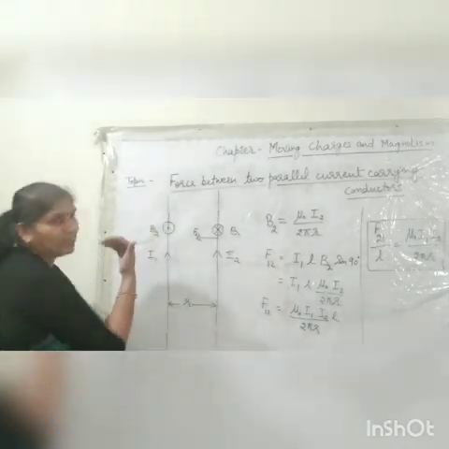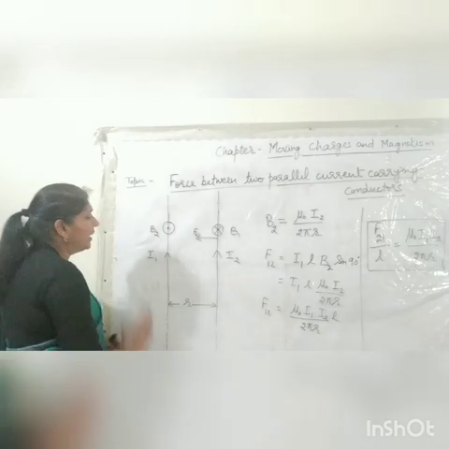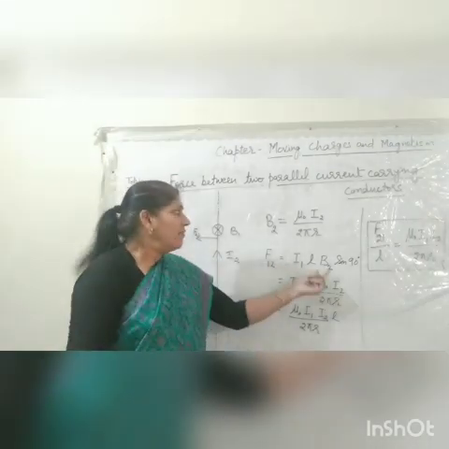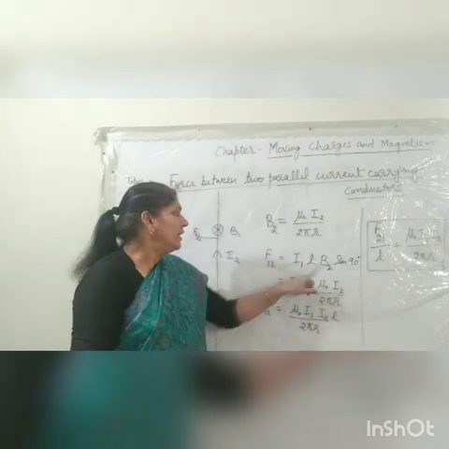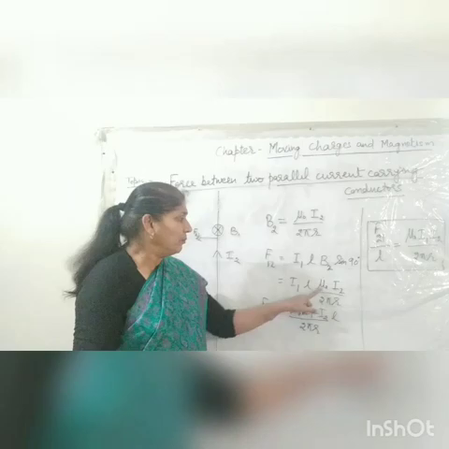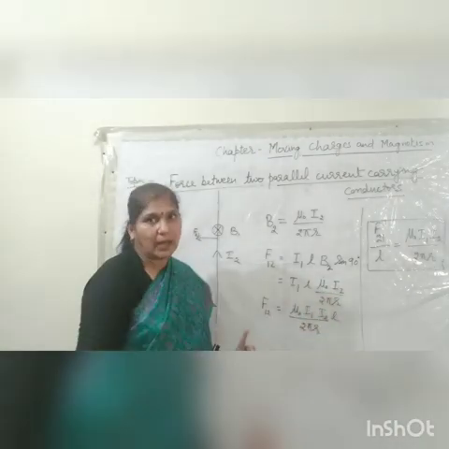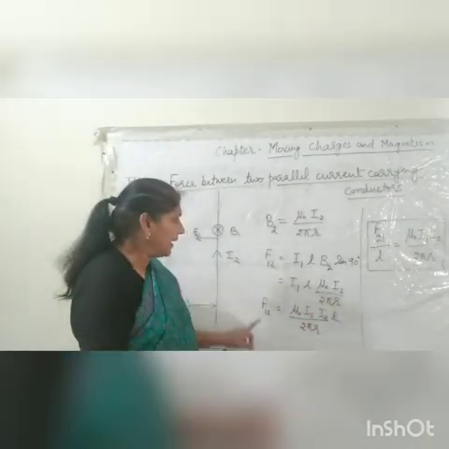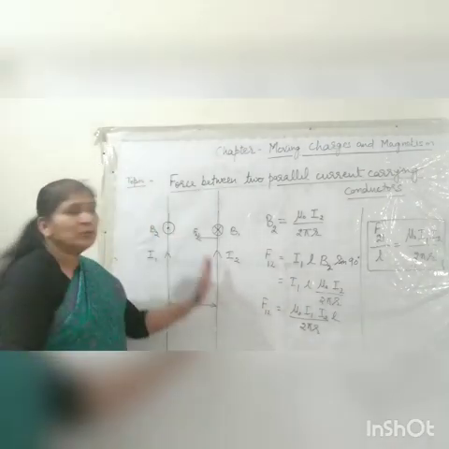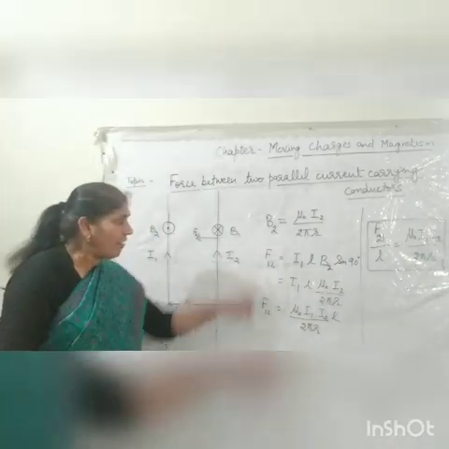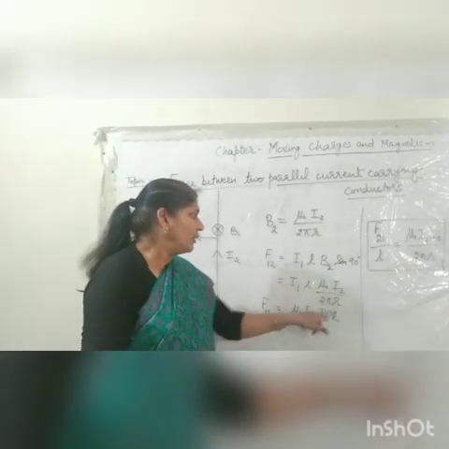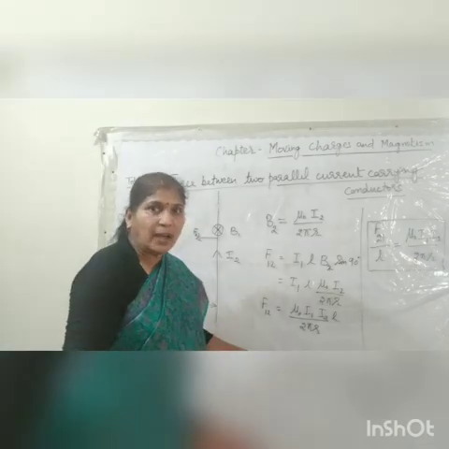Here the magnetic field is normally outward and the current is in the plane of the board. So when we substitute for B2 here, it becomes I1 L mu naught I2 upon 2 pi r. Again we get the expression that the force on conductor 1 due to the current in the second conductor, F12, is equal to mu naught I1 I2 L upon 2 pi r.